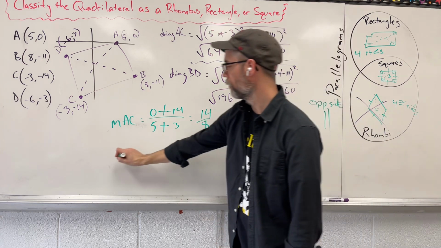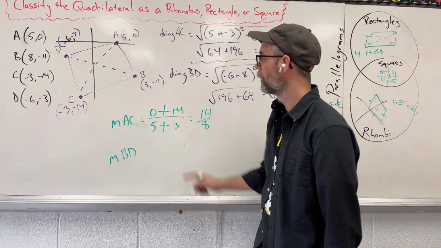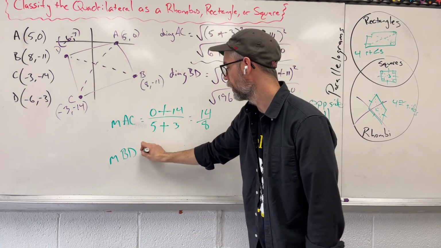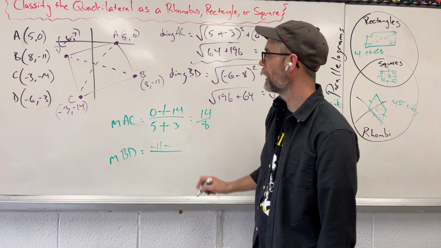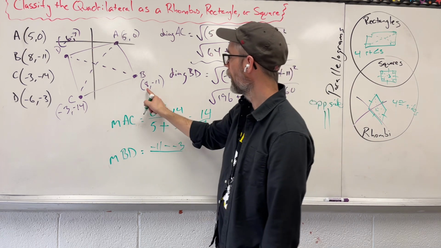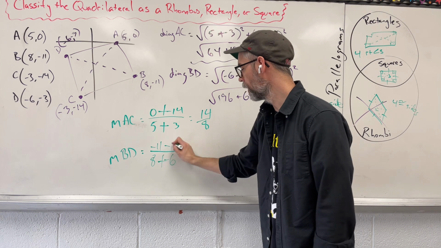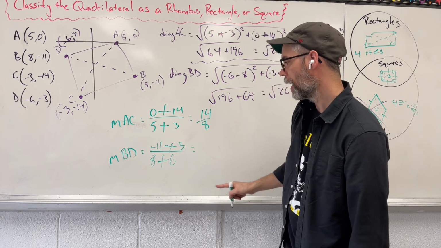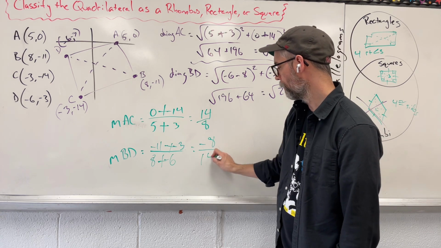Okay, let's do the slope of BD. Next we're going to say the change in the y's, negative 11 minus negative 3. Change in x, 8 minus negative 6. We get a plus. Up top, we get negative 8. On the bottom, we get 14.